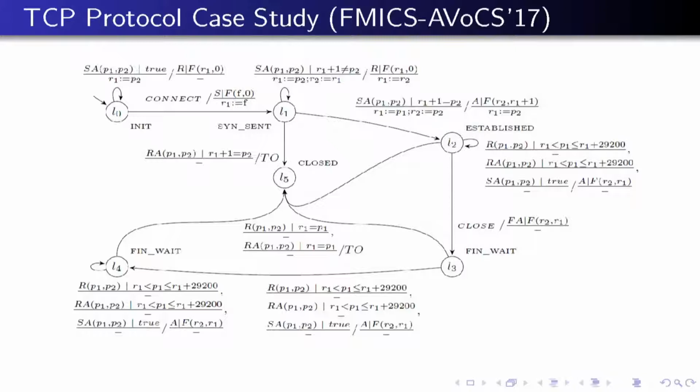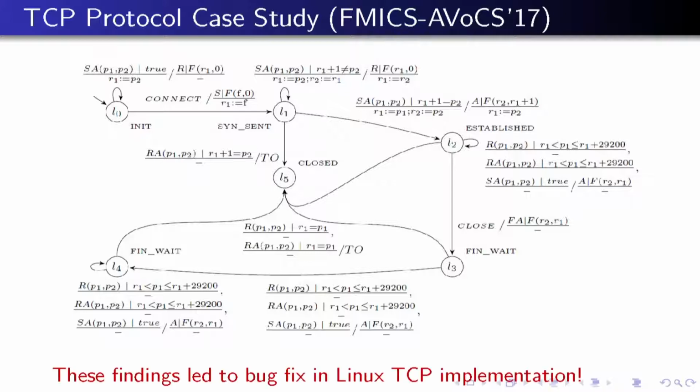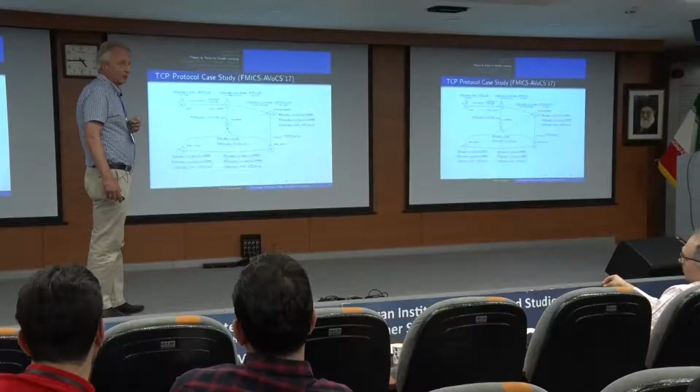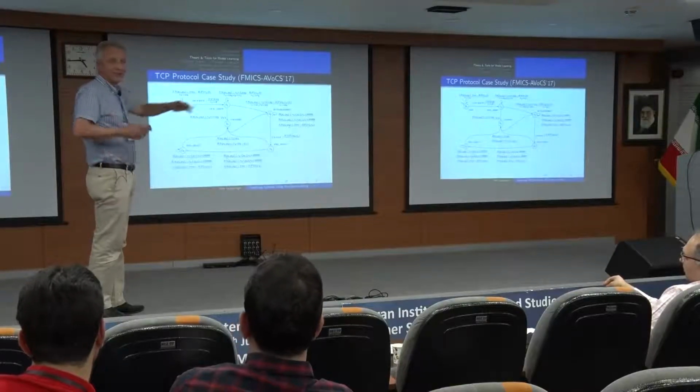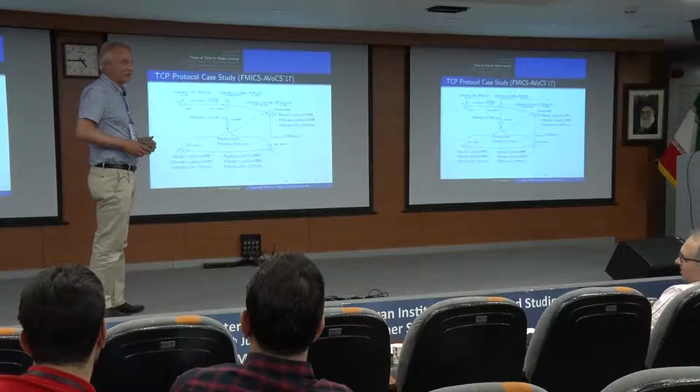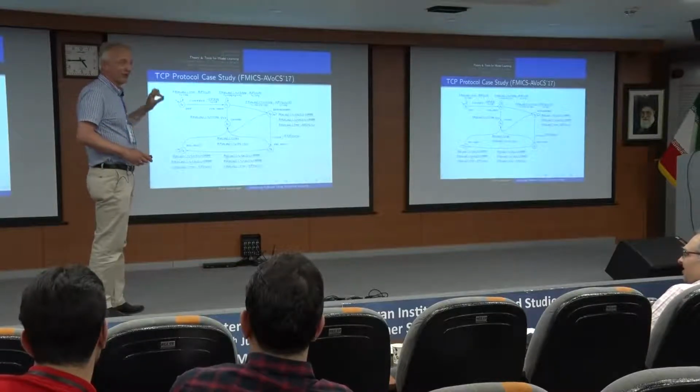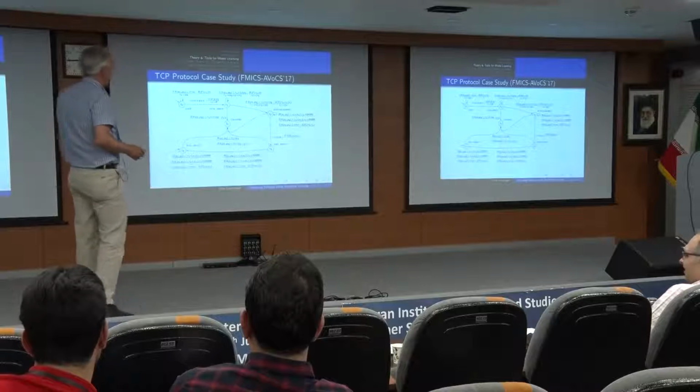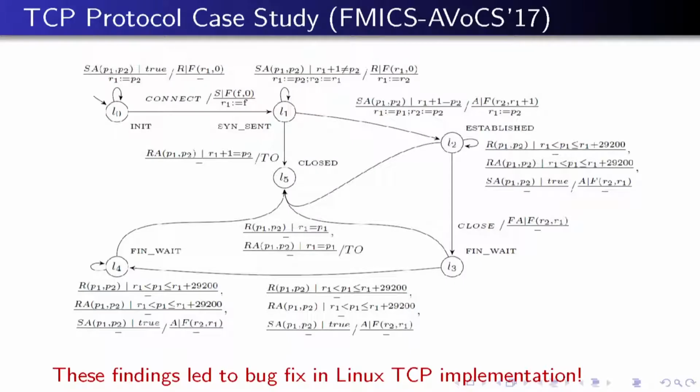And they were able to learn this model, which is a very simple model, but actually this model demonstrates a standard violation in the Linux implementation of TCP, which led to a change of the implementation, which is sort of cool that there are so many Linux implementations out there, and all of them have been touched by this little result of my student. So that's the positive thing.